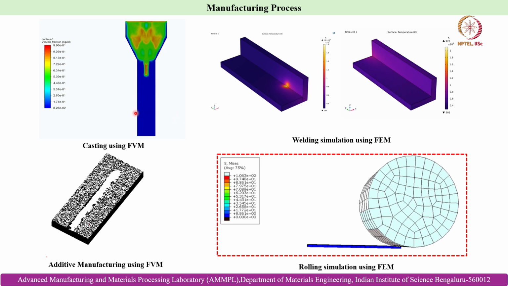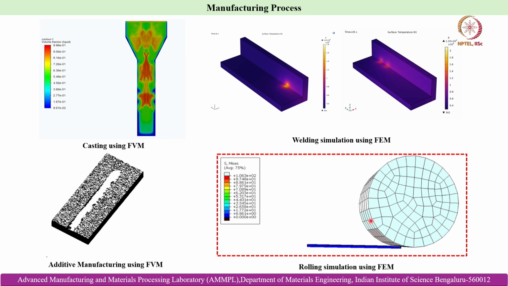This is a classic example of solidification transport phenomena by the finite volume method. And this is another example of solidification transport phenomena during single pass additive manufacturing using the laser powder bed fusion route.